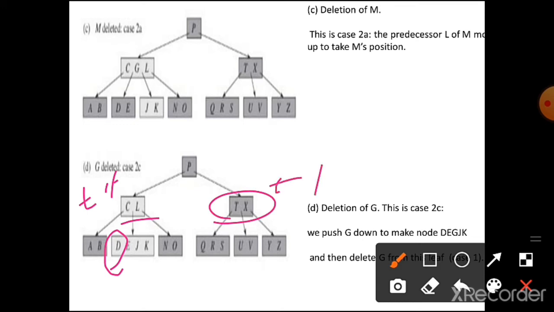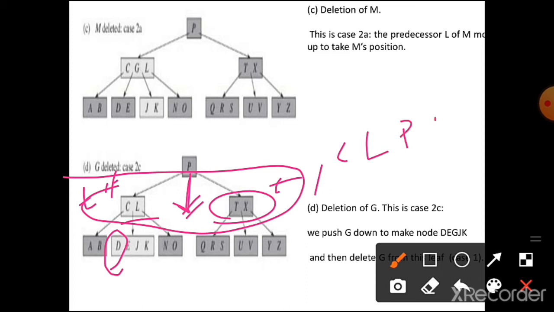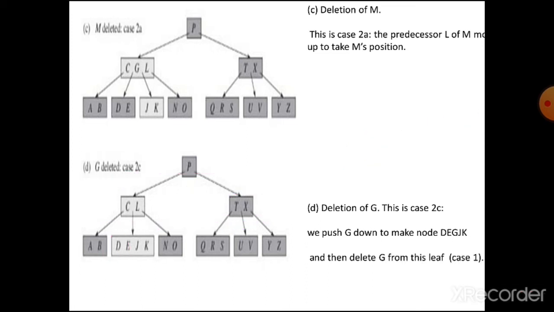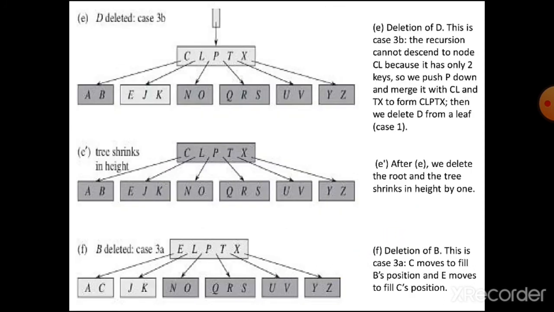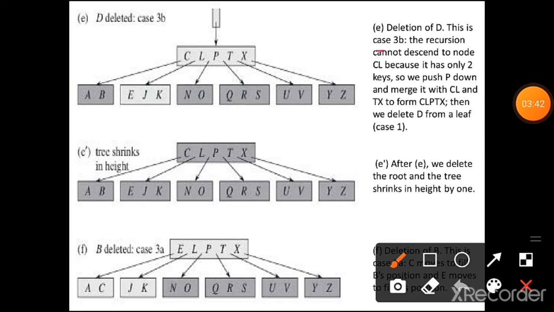So what will we do? We merge these, moving down this root P and merging them as a single node. So it is CLPTX. Then we remove D from here. So that is the deletion of D. This is the case 3B.